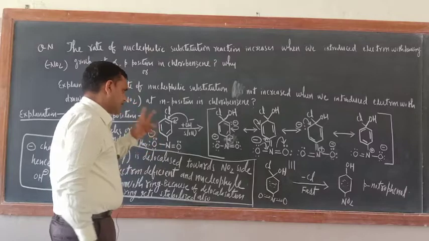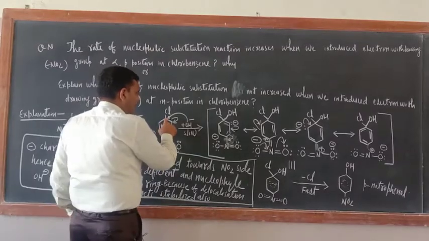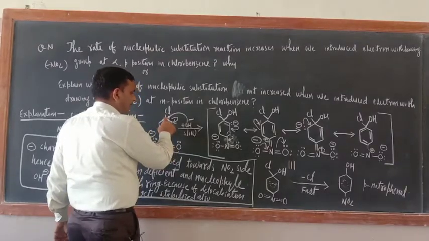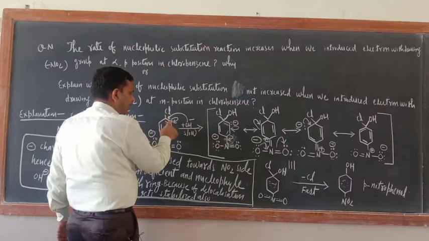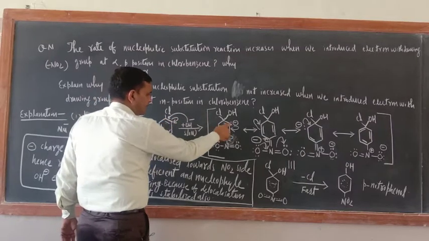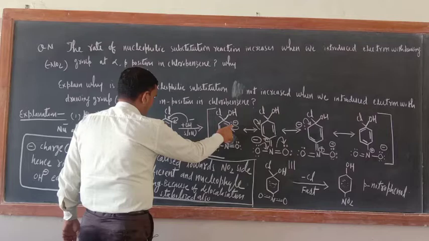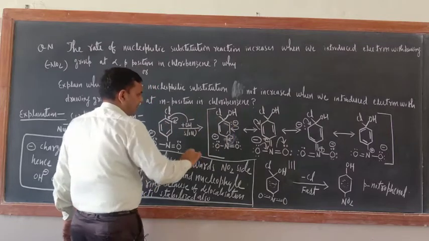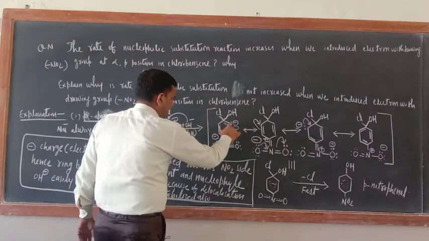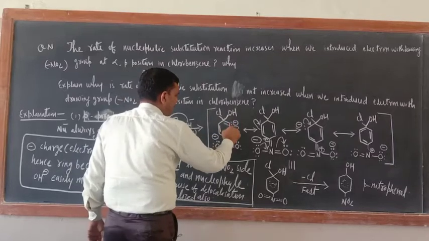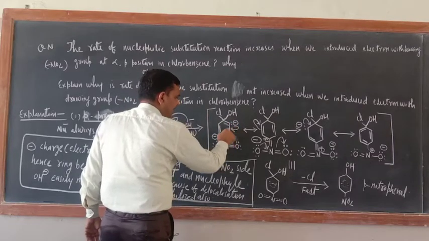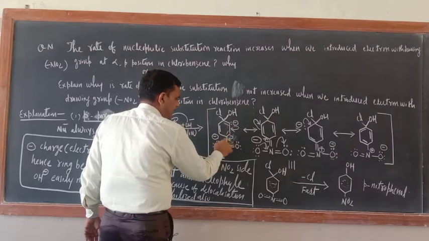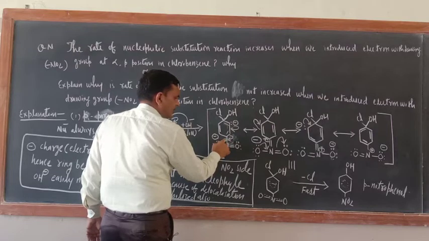Now just see, once OH is ready to make a bond here, this bond electron will come here. So here I made this one. Now try to understand, when this electron is here, then what would be there? In the next step, they will come here and this will be here. Now this is the most important step.